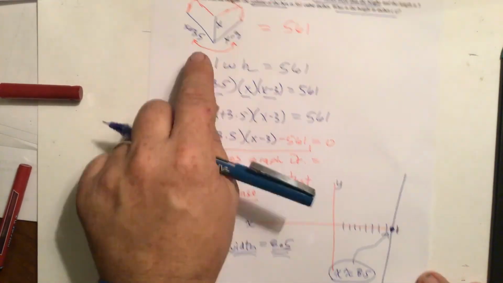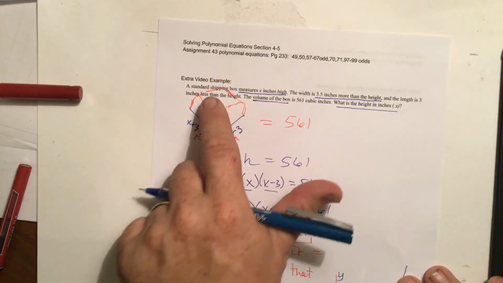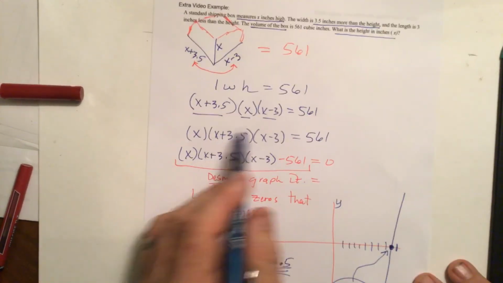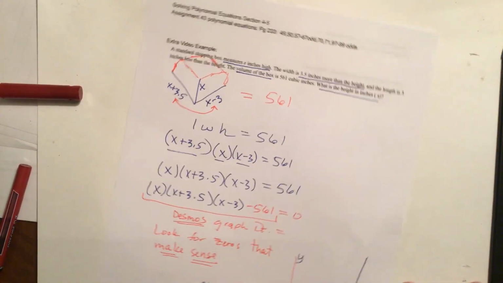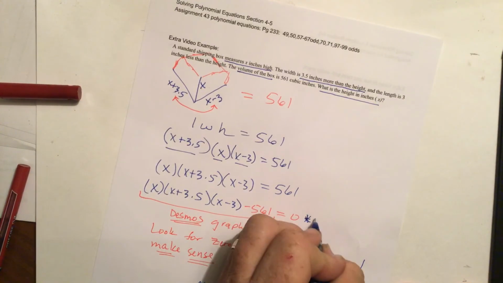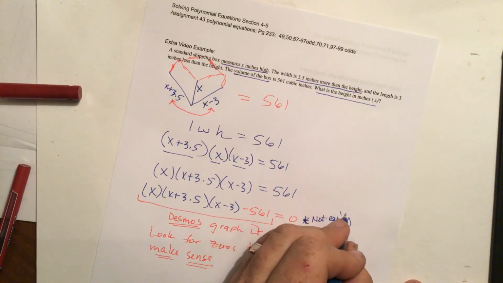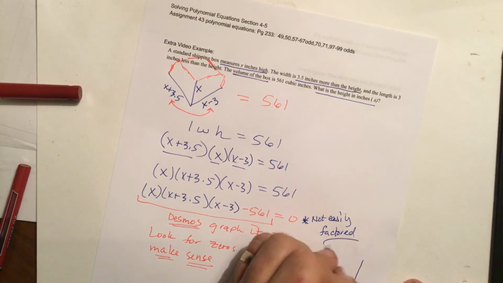All right, so watch out for these on homework because you can put them into Desmos and you can find the answer if they're not factorable. Okay, just remember, this is not easily factored.